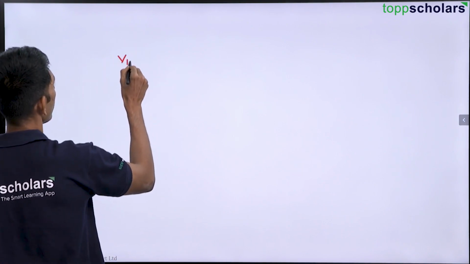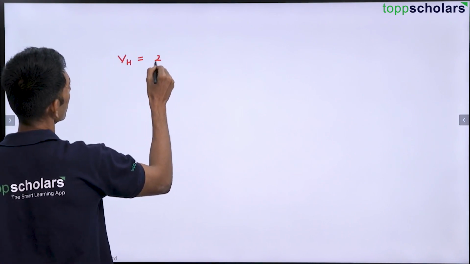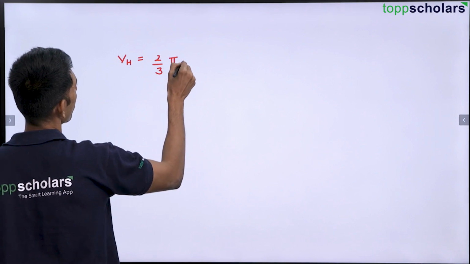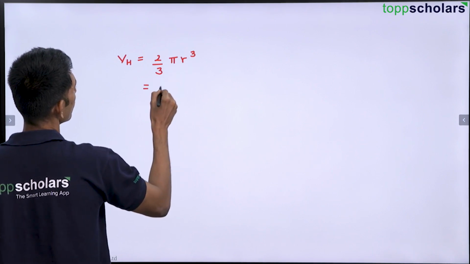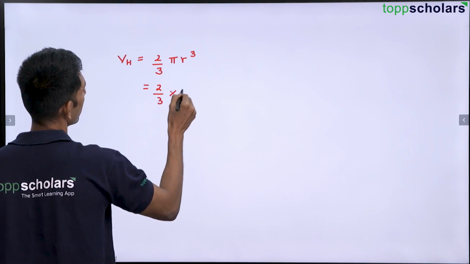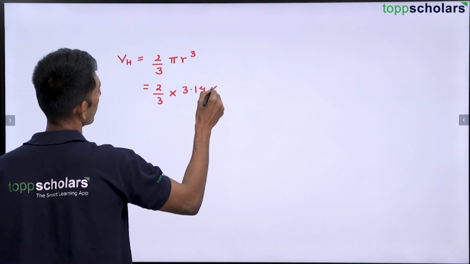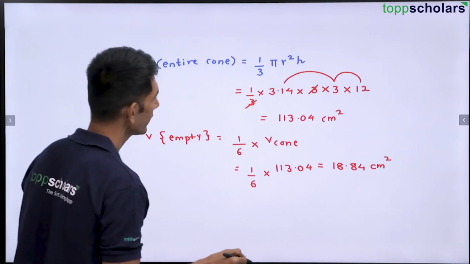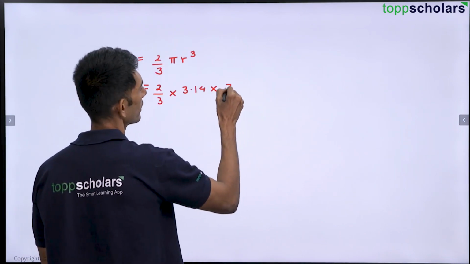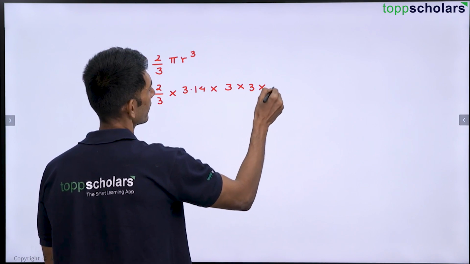And then let's talk about volume of hemisphere. So volume of hemisphere is given by what? 2 by 3 pi r cube. That is 2 by 3 into 3.14 into r cube. R is how much? 3. So 3 into 3 into 3.